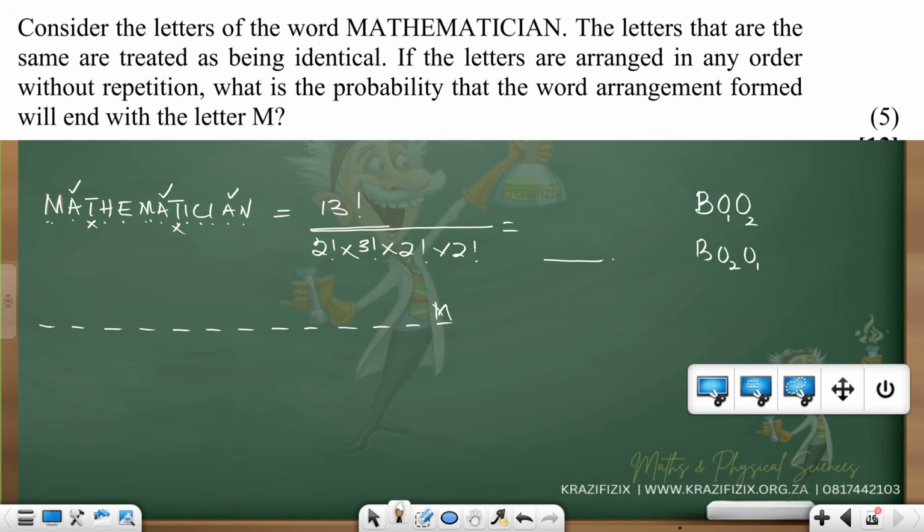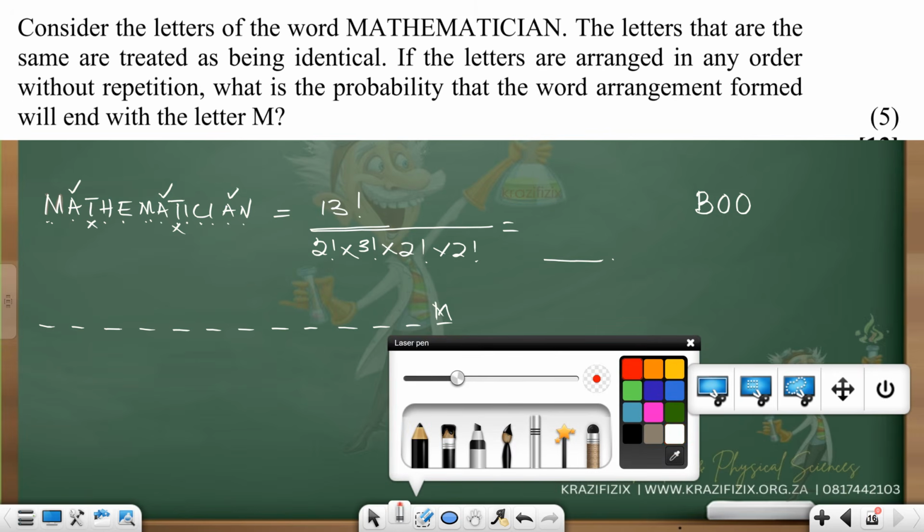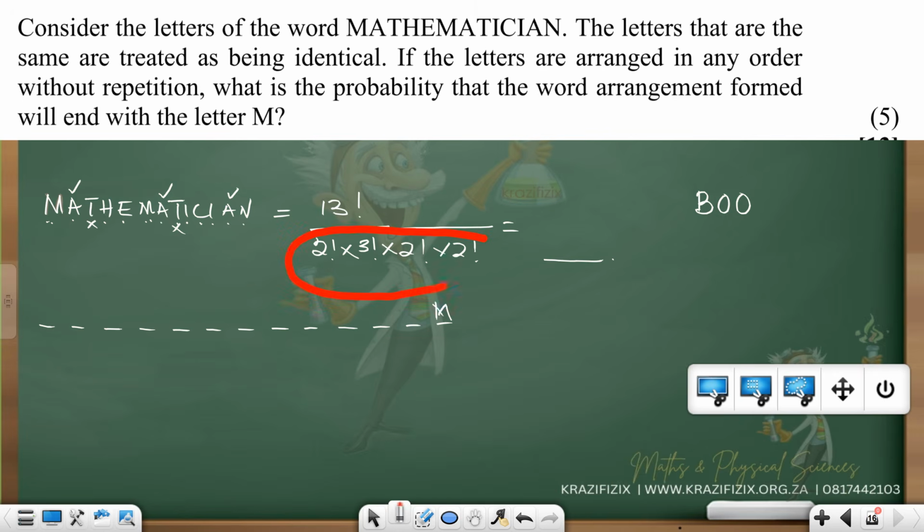They're not identical. But if I say they are identical, it's the same word. So I'll have to remove this. Does that make sense? Yes, sir. Okay. So when they are identical, that is actually why we are dividing. You see this? It's because they are identical. If they were not identical, I won't have this denominator.